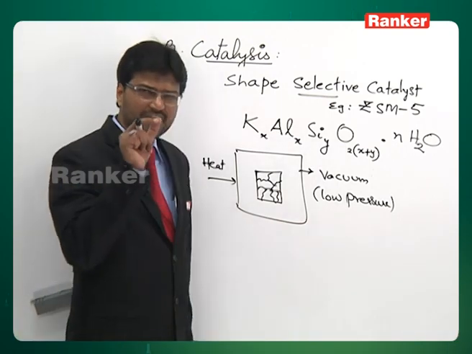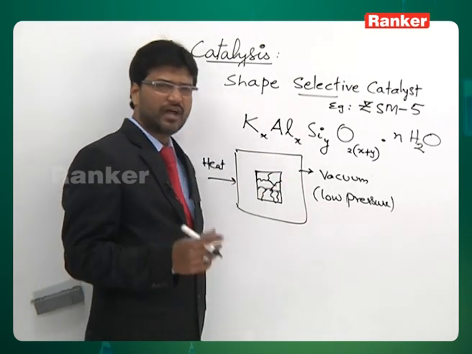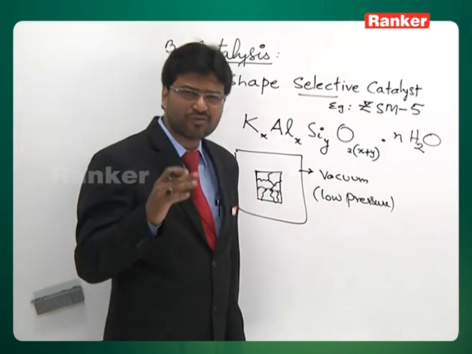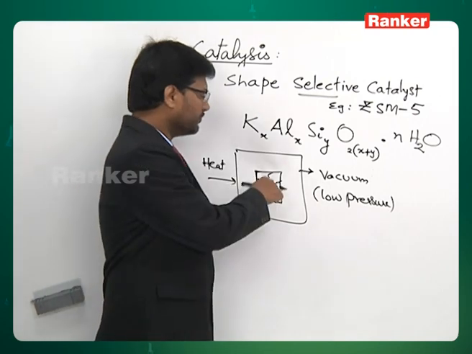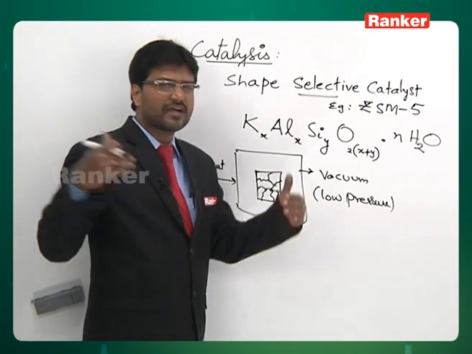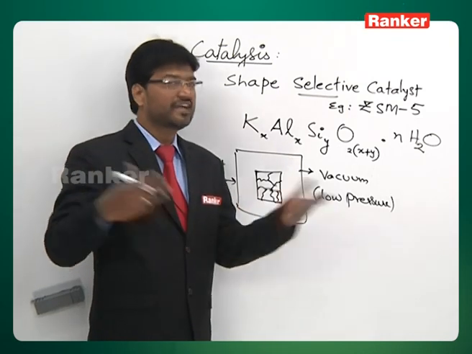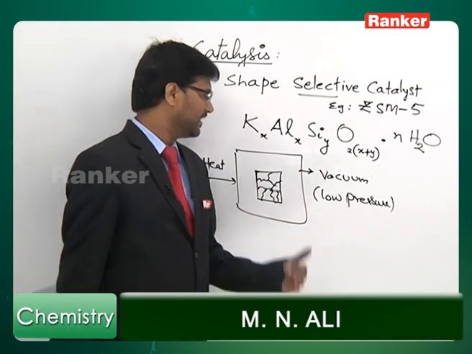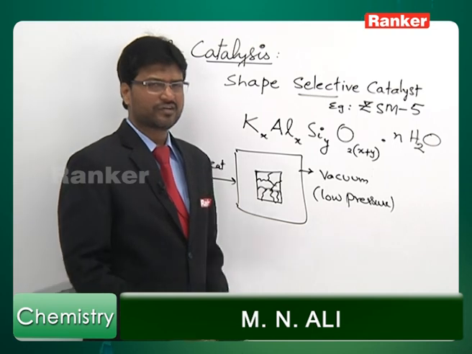Now this pore size will not allow highly branched molecules into it. When a molecule goes inside the pores, it is likely to undergo dehydration. So if you put this in alcohol, it will allow straight chain molecules to enter into it and get dehydrated and come out as alkenes, whereas the branched molecules cannot enter and cannot get converted into alkenes.